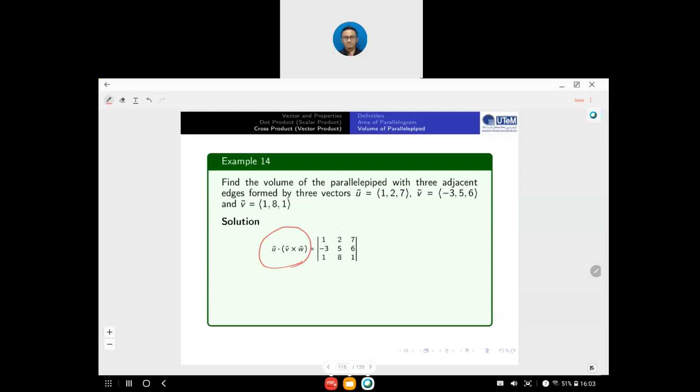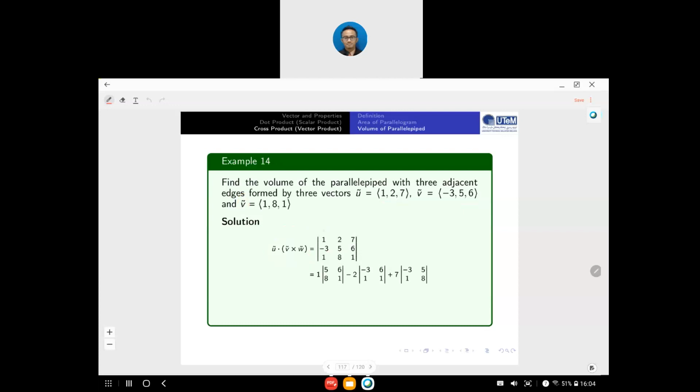Copy from above: 1, 2, 7 for vector U, negative 3, 5, 6 for vector V, and then 1, 8, 1 for vector, oh sorry, this one is W, not V. So solve as usual.